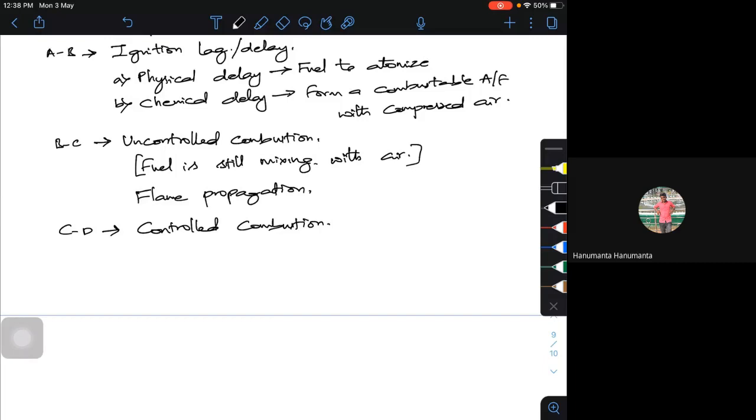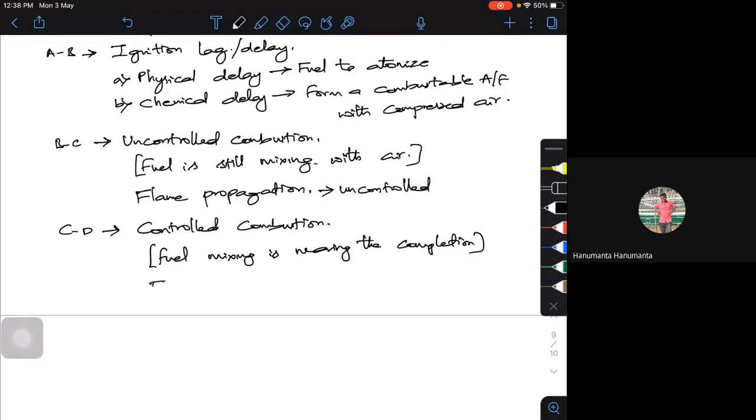Fuel mixing is nearing completion. Here the flame movement becomes controlled. It's not like human control or something. It all depends on the quantity of the air and fuel you are trying to mix.